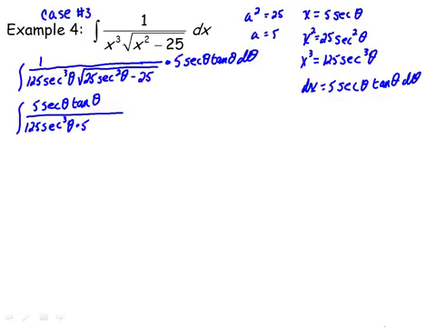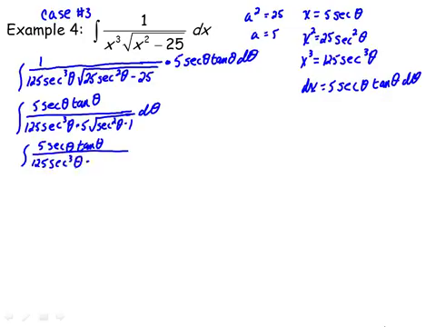And then what's left underneath is going to be secant squared theta minus 1, which is going to go to what? Tangent. So we're going to have the integral of 5 secant theta tangent theta over 125 secant cube theta times 5.